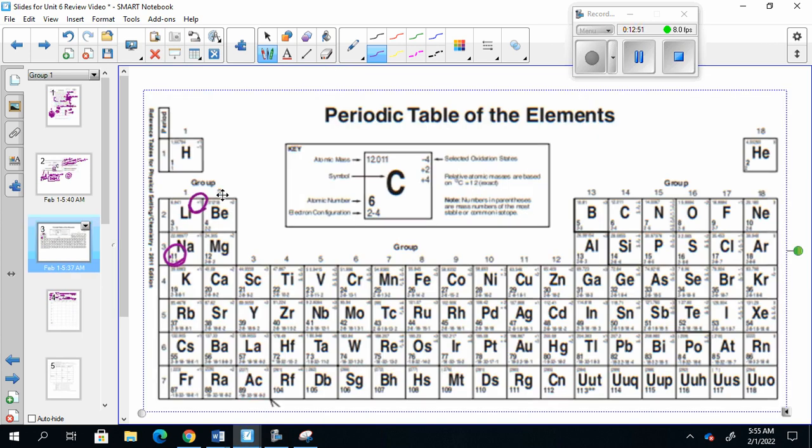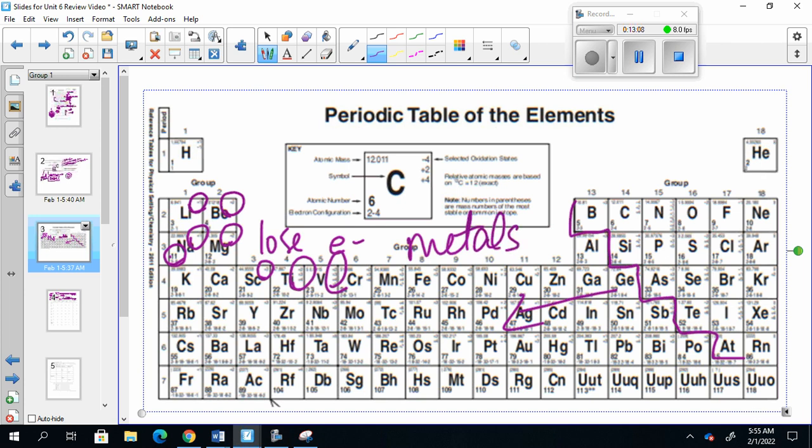All of these metals over here are positive ions. So since these are all positives, they all lose electrons. Here's my staircase. This is what separates all these over here. These are all metals, except you. You're separated. You're a nonmetal. And then everybody over here, you're nonmetals.